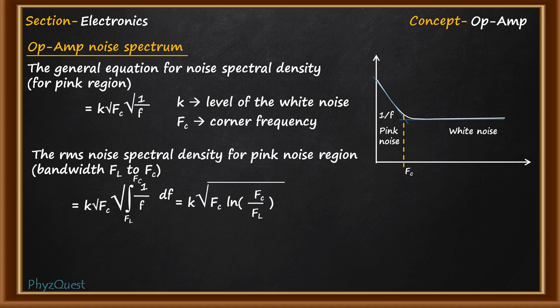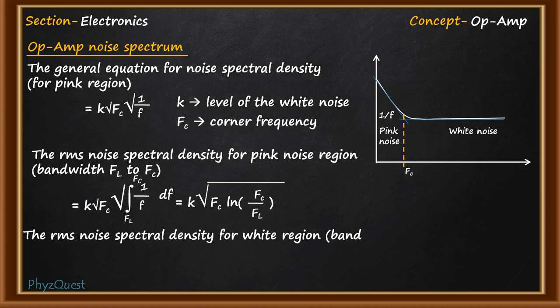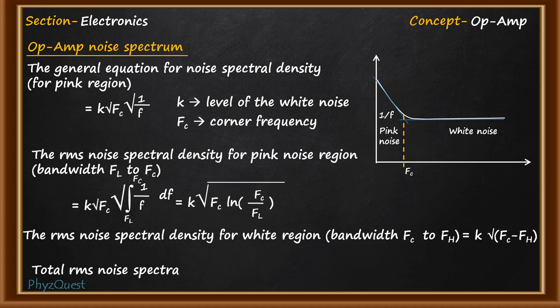So next region is the white noise region, that is for the bandwidth FC to FH. For that the RMS noise will be equal to K square root of FH minus FC. So the total RMS noise from FL to FH will be the square root of the sum of the squares of both the noise terms.